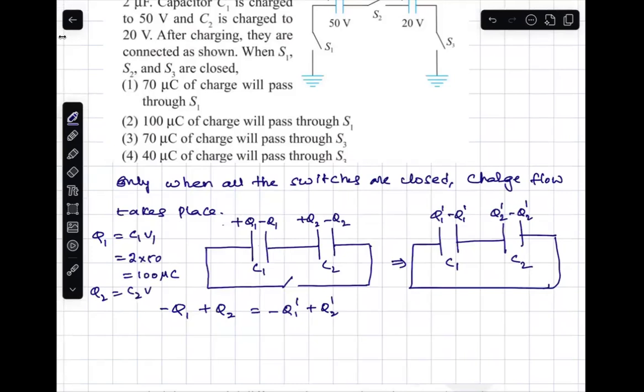Q2 is C2 V2, which is equal to 2 into 20, 40 microcoulomb.